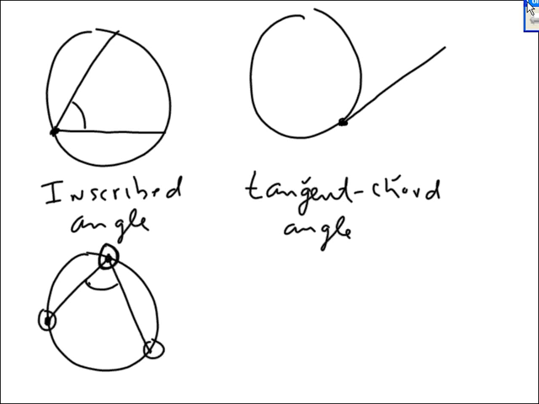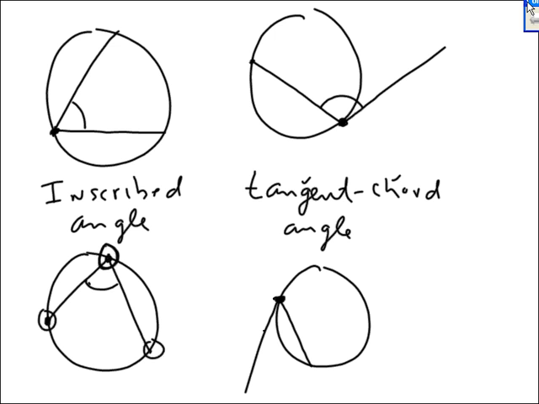And then through that point, I draw a chord that goes from this point of the circle to any other point of the circle. This here is a tangent chord angle. Again, you have any tangent line, and then from the point of tangency, you draw a chord. That is a tangent chord angle.